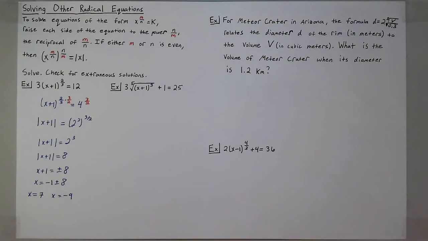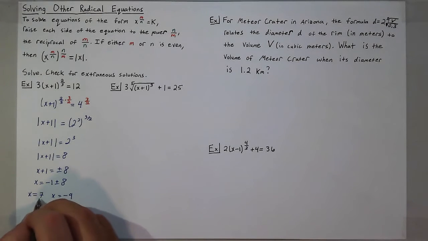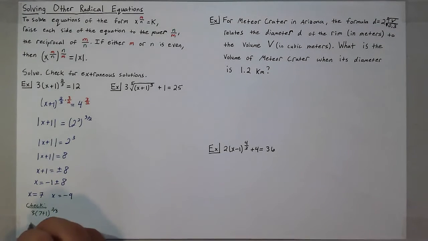Now we do want to check both of these solutions. If I plug in 7 into my expression, I'll get 3 times (7 plus 1) to the 2/3, which gives me 3 times 8 to the 2/3, which is 4.